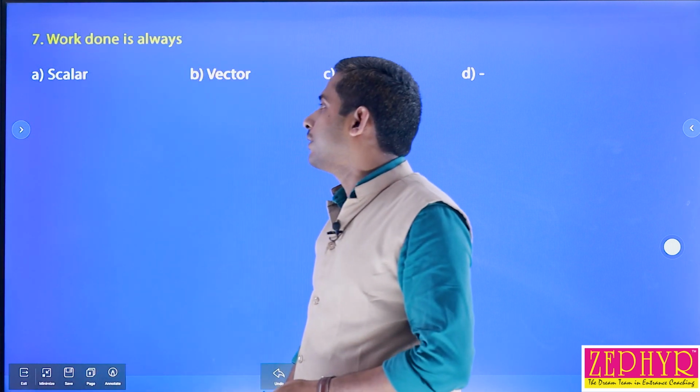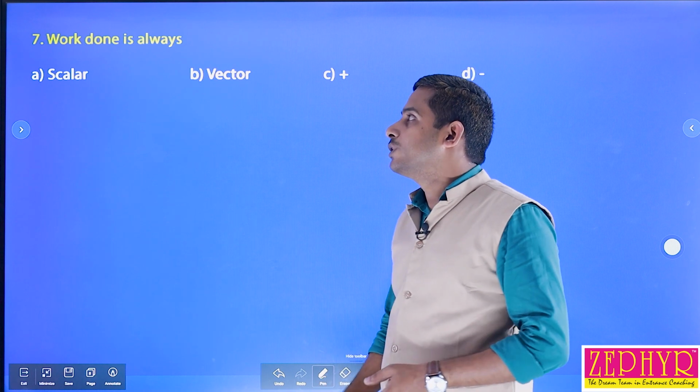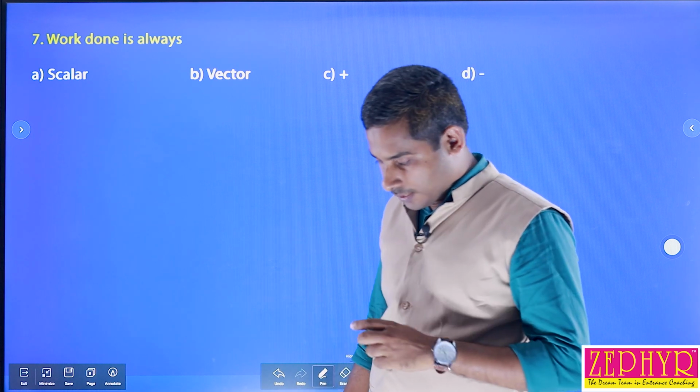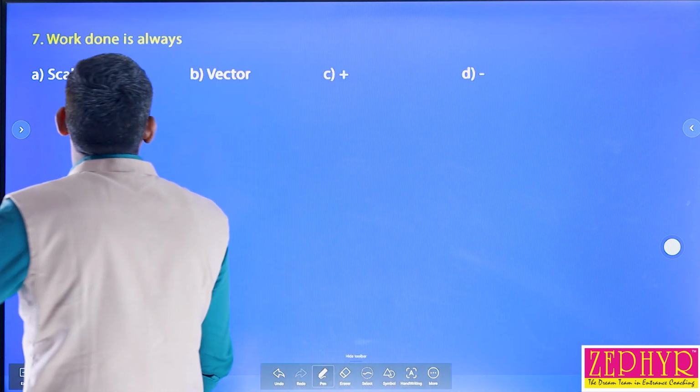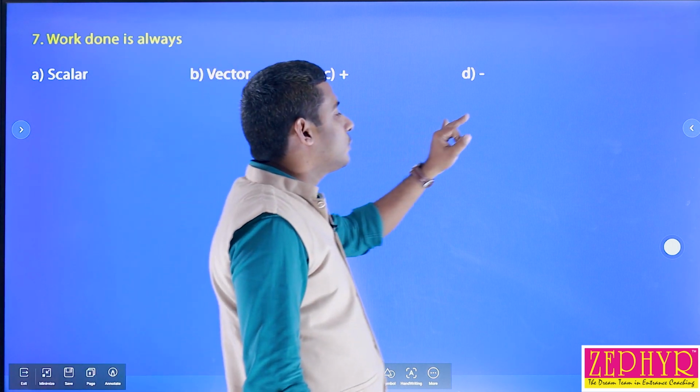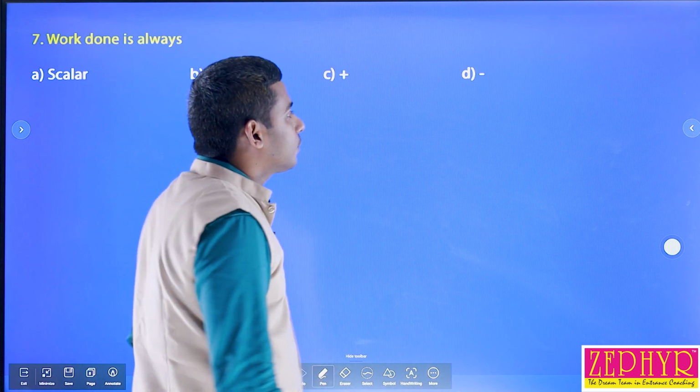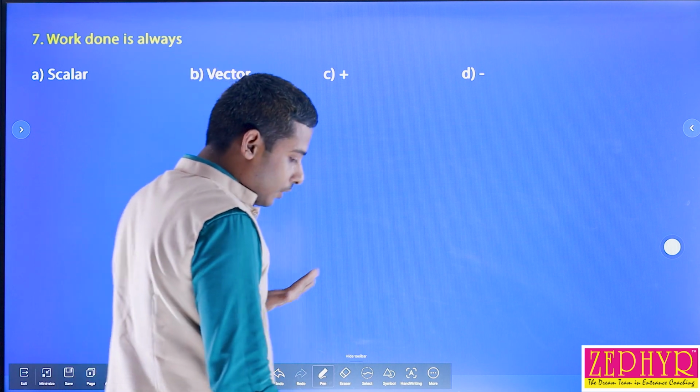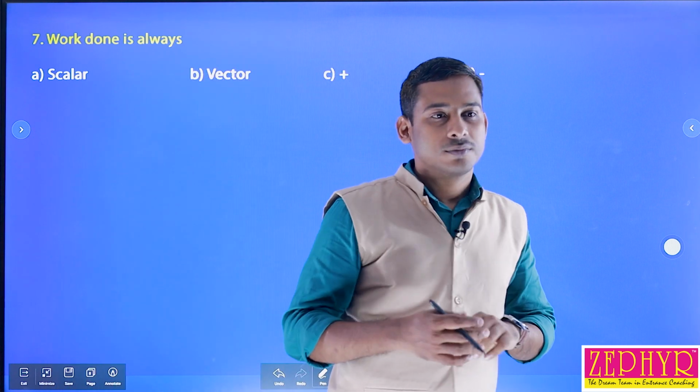Question number 7. Here the question is: work done is always. We have options: scalar, vector, positive or negative. So, students, scalar we have already discussed in our last lesson, laws of motion, the force and motion related lesson.